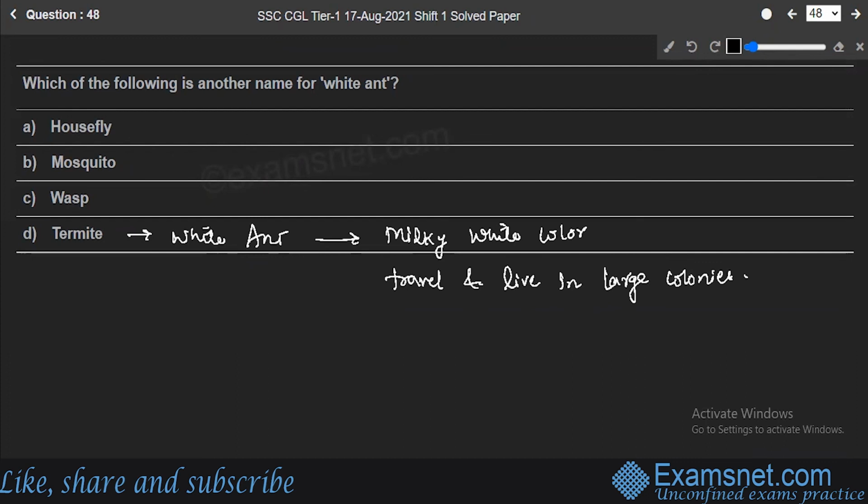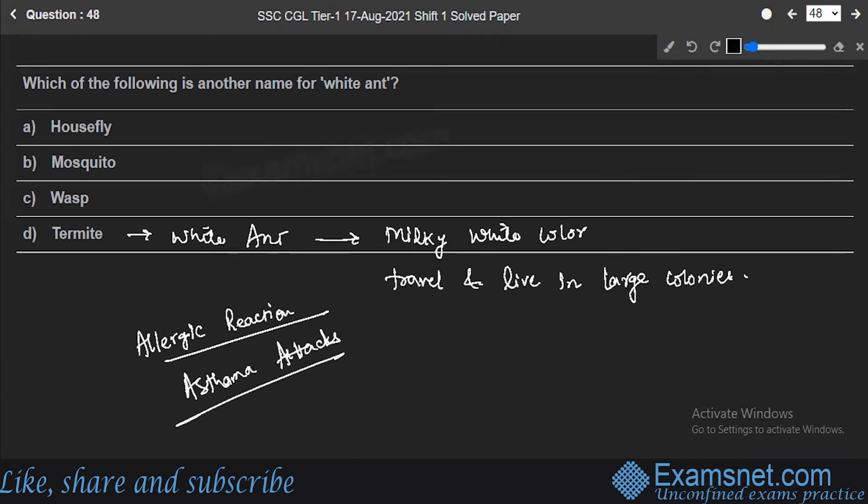However, people living in homes infested by termites may suffer from some allergic reactions, or even worse, they can have asthma attacks. So I think they are worse than normal ants. Anyways, option D, termites, is the answer to the question. Hope you are clear with this.